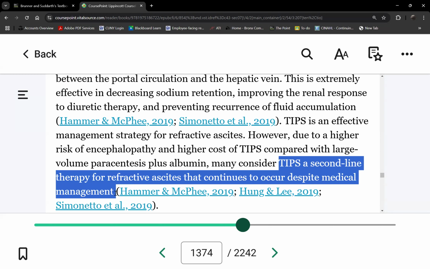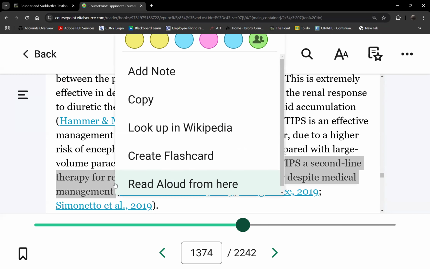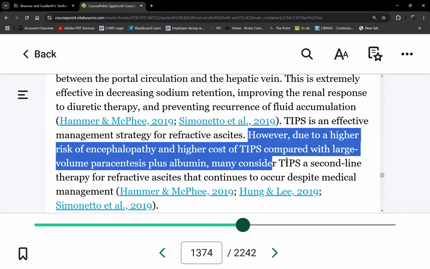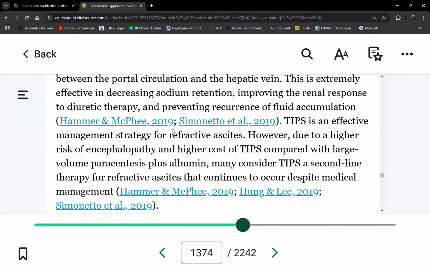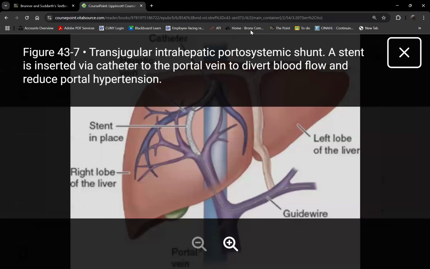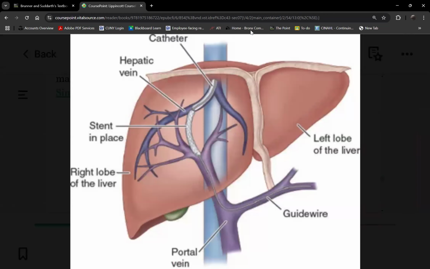which is again present in which stage? End stage liver disease already. There's a big however here, and let me explain why. The liver and the hepatocytes, the functional cells of the liver, are very resilient.